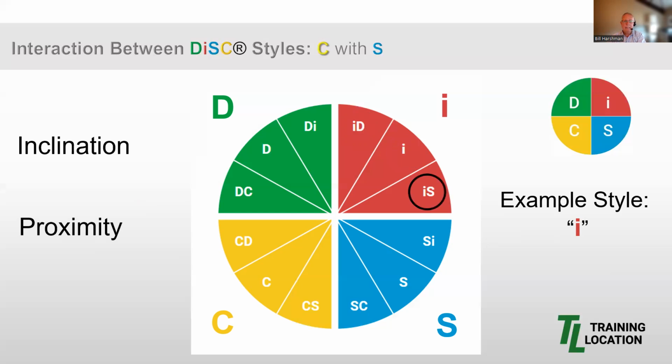Now, the IS, it's also a primary style in this case, and it's close in proximity to the neighboring S style. People with the IS primary style value collaboration, so they enjoy teaming up with others as much as possible. Because they want everyone to feel included, they tend to spend time and energy getting people involved.